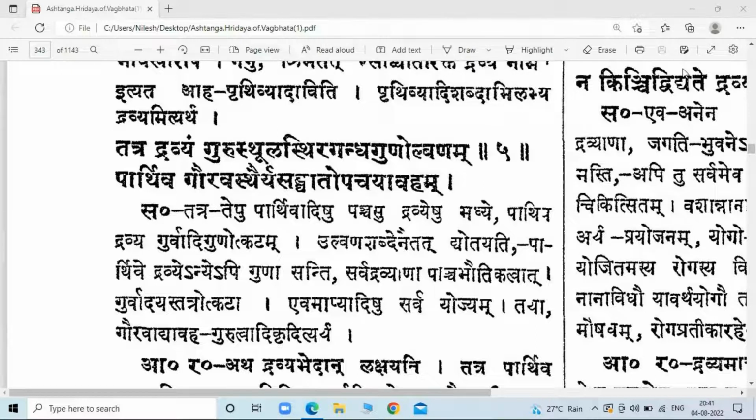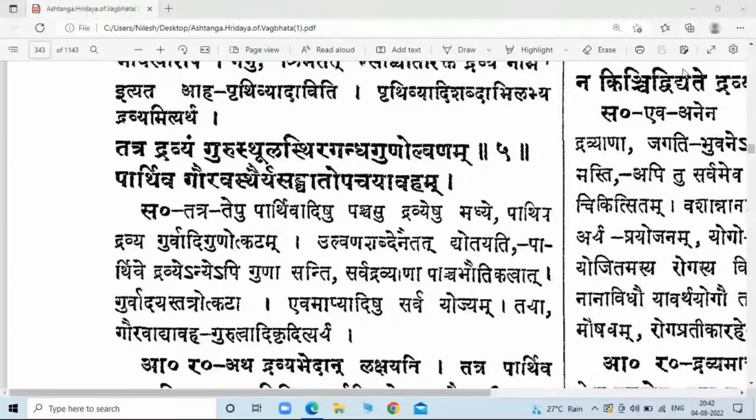But because of the special interest given to the idea of yukti in Vaidya, it is included as a special guna. That's all.